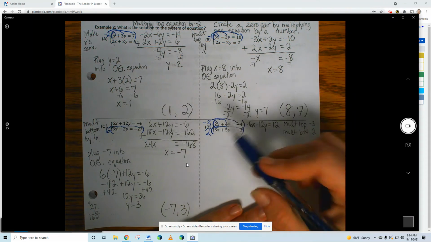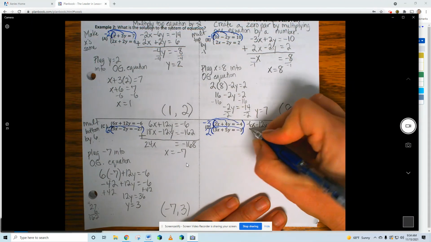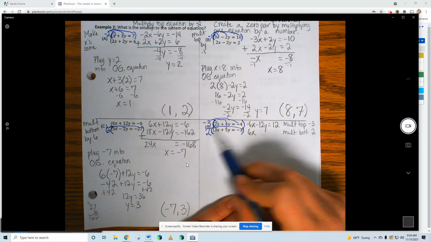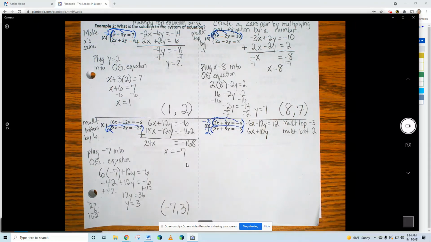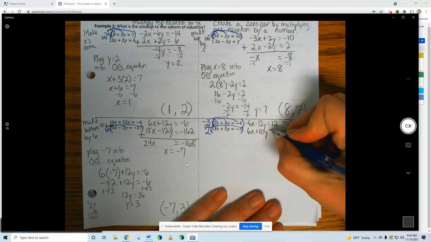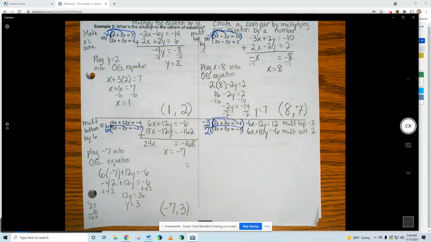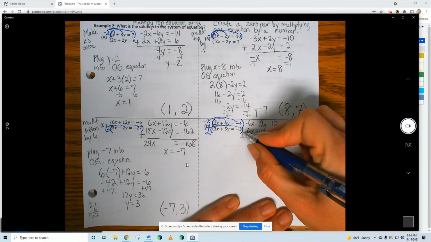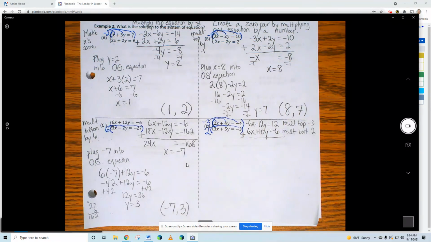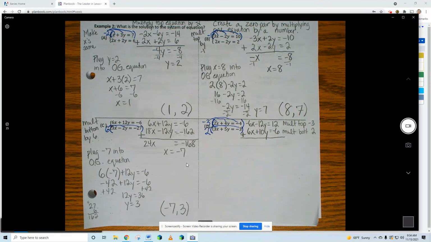Bottom, 2 times 3x, 6x. 2 times 5y, 10y. 2 times negative 3, negative 6. And then I add the 2 equations. So this was double the work. I had to multiply both equations by something to make a zero pair.